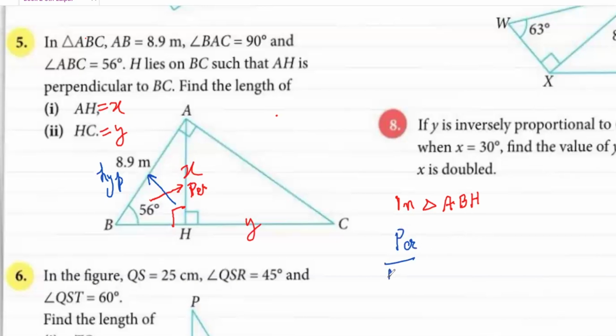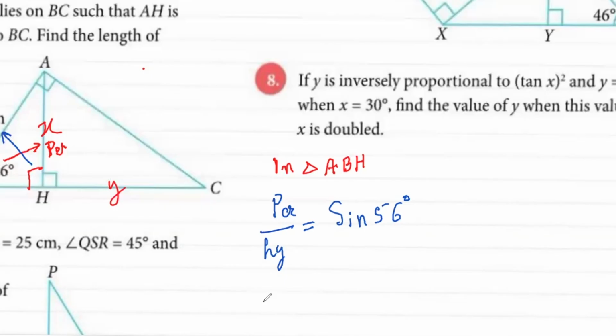Perpendicular over hypotenuse is equal to sine, not cos, sine of 56-degree, because we are considering angle 56. So against the 56-degree angle, there will be perpendicular. Okay, it mean AH side. AH over hypotenuse, which is given as 8.9 centimeter, is equal to sine of 56-degree.